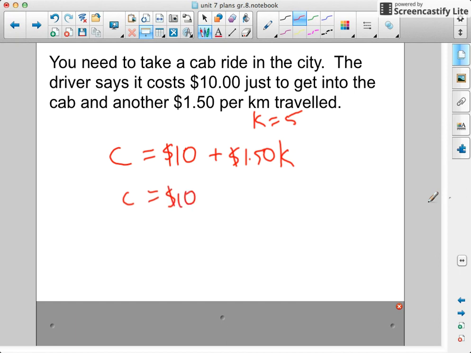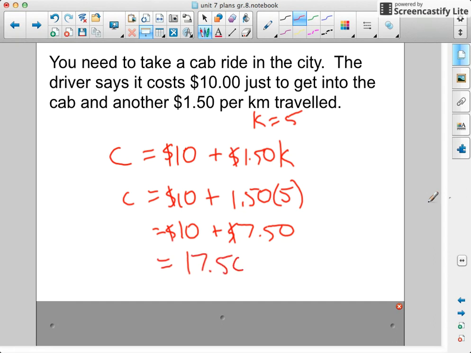I start with my $10 and do $1.50 times 5. Well, that would give me $7.50. So that cab ride costs $17.50 in total. Okay, once you have the equation, it's not too difficult to solve the problem.